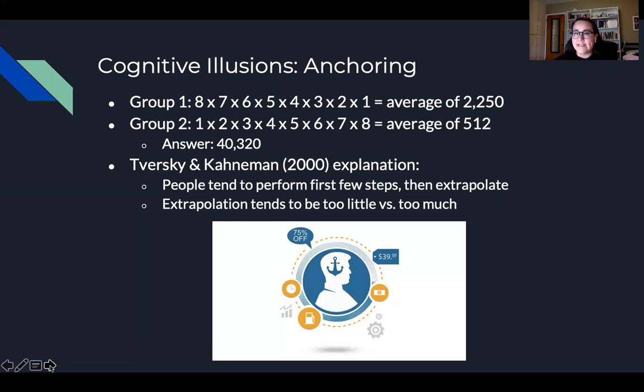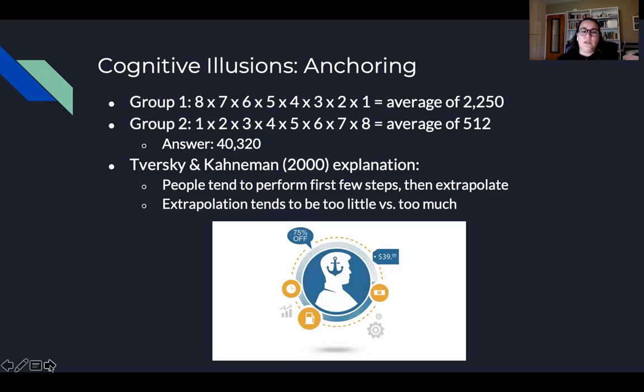This extrapolation tends to be too little rather than too much. So people, most of the time, when they're taking this extrapolation shortcut, are underestimating rather than overestimating something.